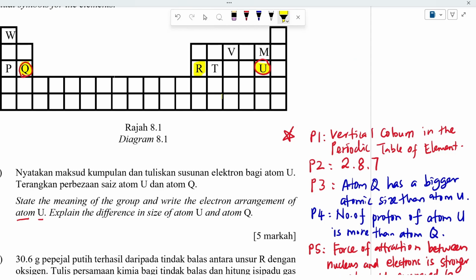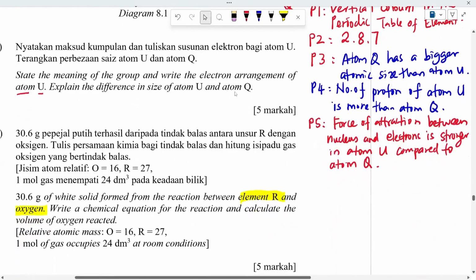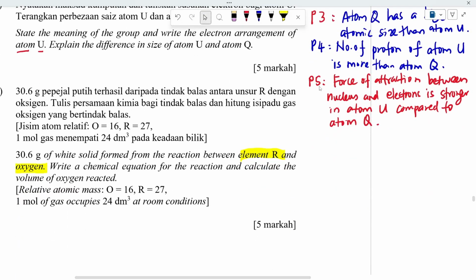Okay, electron arrangement first. What is the electron arrangement? 2, 8, 3. Okay, 2, 8, 3, that is 13. Aluminium, yes. So you know it is aluminium. Aluminium is a metal, right? Okay, good.